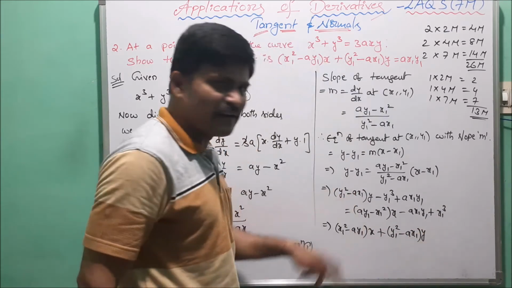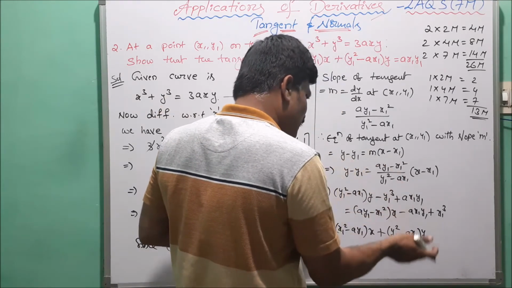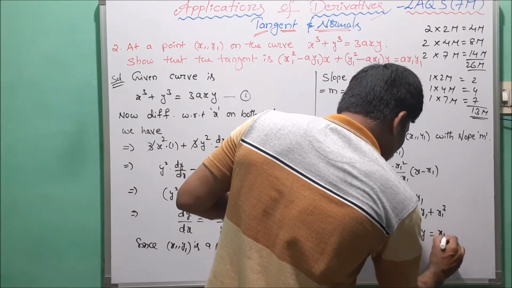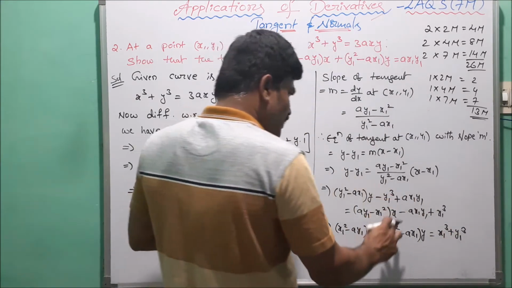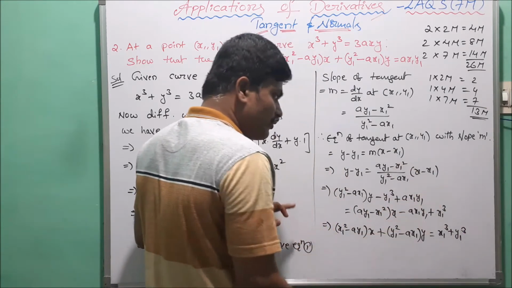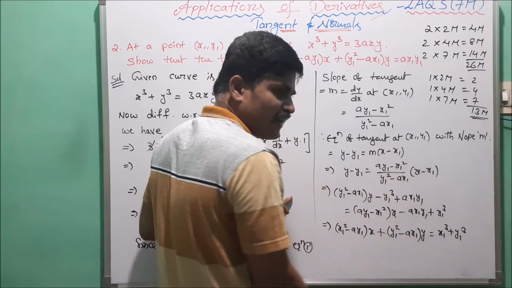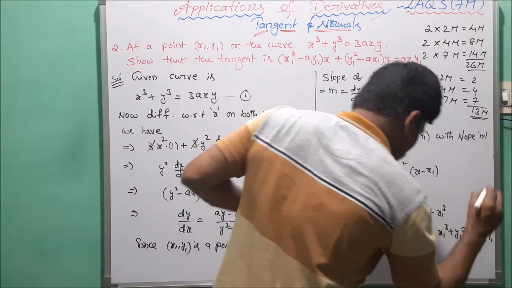This term is there in left side. Similarly in that minus y1 cube can be taken to right side. Now we write x1 cube plus y1 cube. Similarly ax1 y1 also can be taken to right side. So this is minus ax1 y1. This is also minus ax1 y1. Now we take 2ax1 y1.